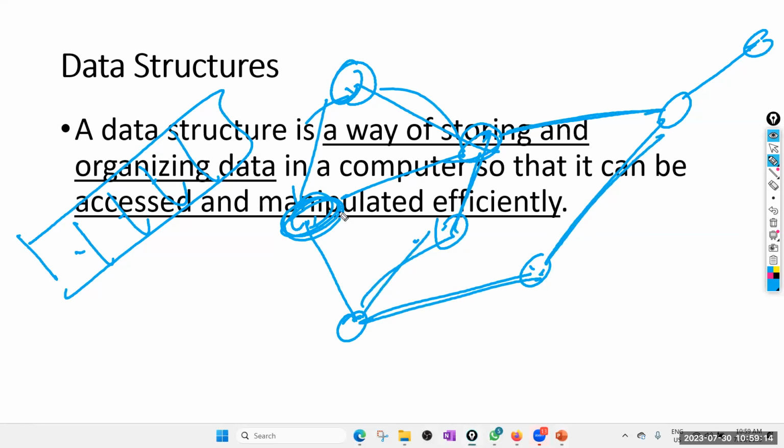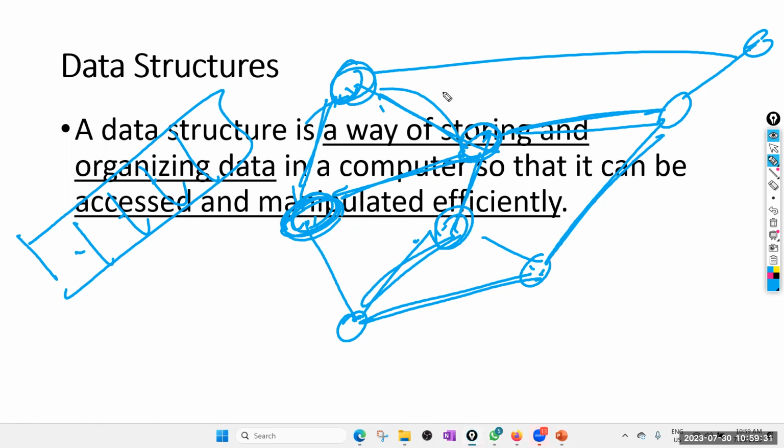But if you put it into a graph data structure, we not only have these data, we have modeled that there are connections between these. So there are roads or paths between these. Therefore, when you are developing this kind of software, something to do with transportation, better use a graph data structure.